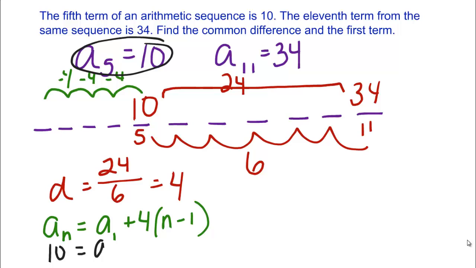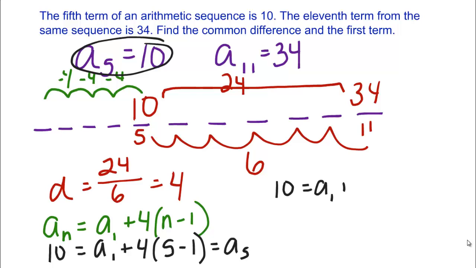So now I have 10 equals a1 plus 4 times (5 minus 1), because that is a5. So I'm using a specific term value and term number that I know to help solve for a1. Now I know that 10 equals a1 plus 4 times 4, just by simplifying the 5 minus 1 in the parentheses.